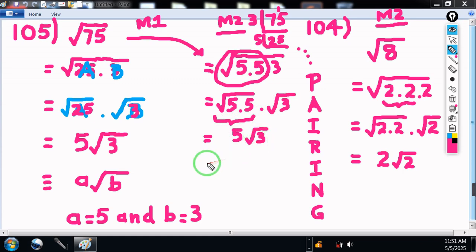And now equivalent to A root B. So look carefully, upstairs, downstairs. A is 5, 5 is A. You write down there. And root is root, no need to write. B is 3, 3 is B. That's all.